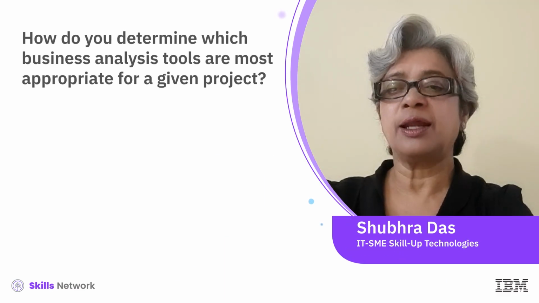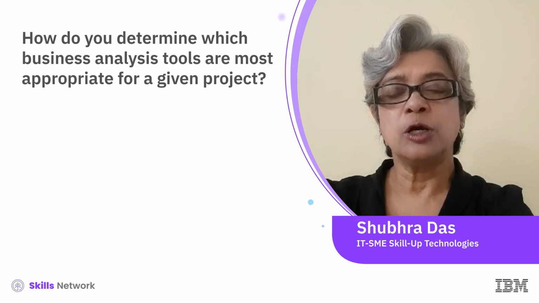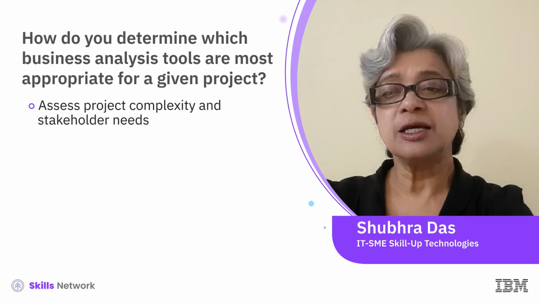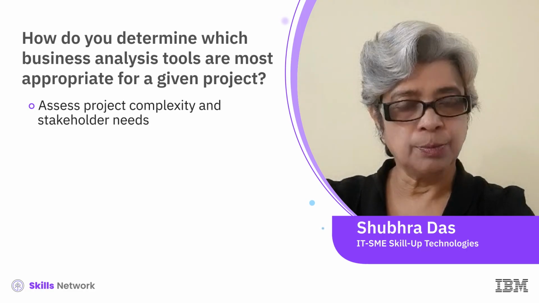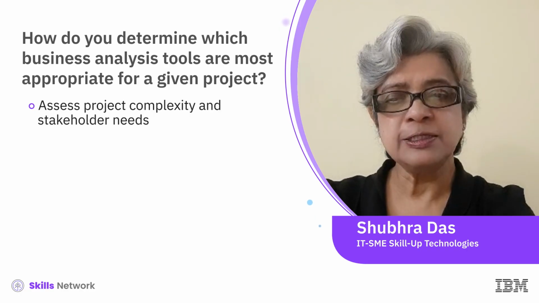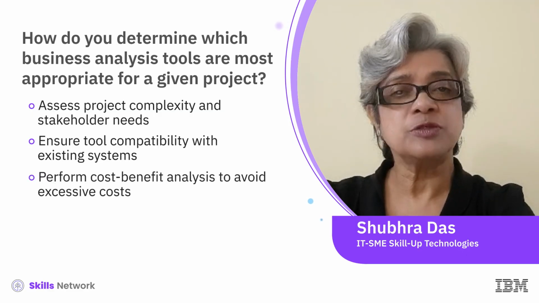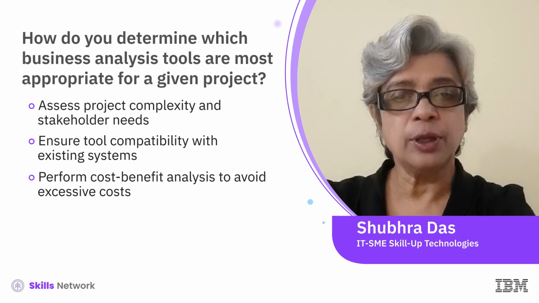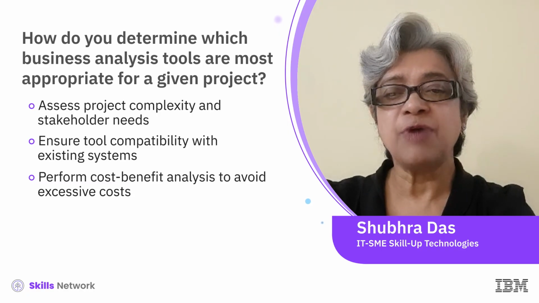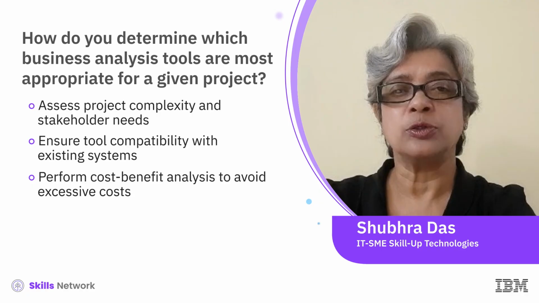When determining the right business analysis tools for a project, I assess factors like the project's complexity, stakeholder needs, and tool compatibility with existing systems. I also consider cost-benefit analysis, ensuring that the tool adds value without excessive costs.